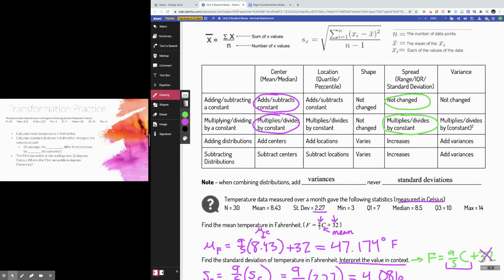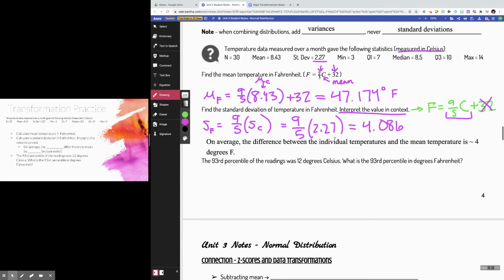So look, the actual location of the percentile is affected just like the mean by adding and subtracting and multiplying and dividing. So this right here, the 12 degrees, is my percentile location.